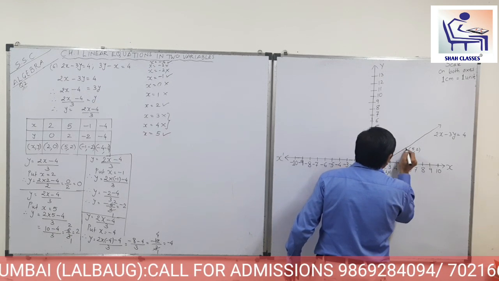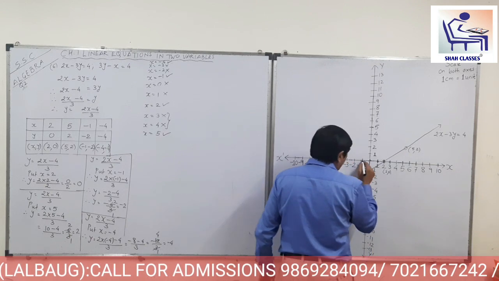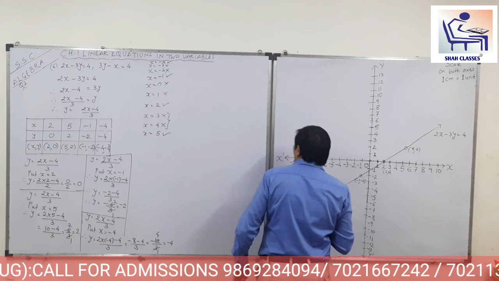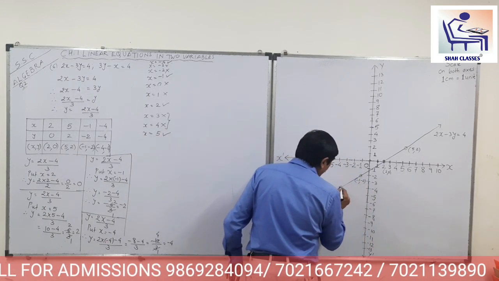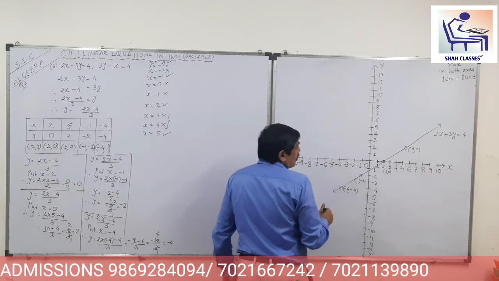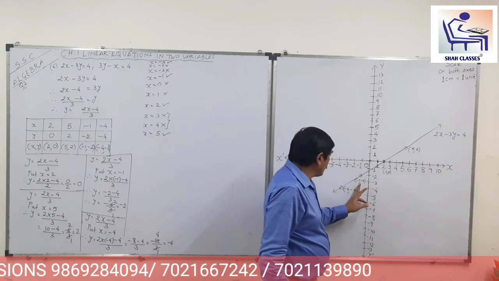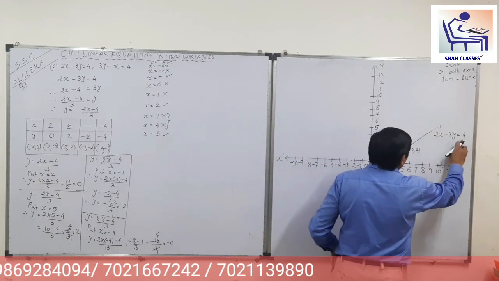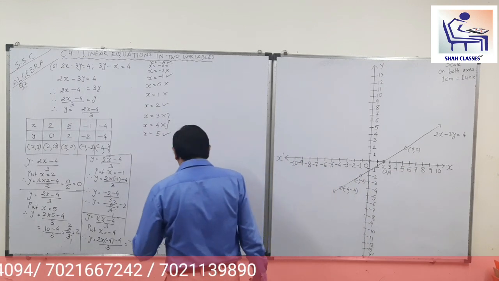Your third point is minus 1, minus 2. And your fourth point is minus 4, minus 4. We got all the 4 points: 5, 2, 2, 0, minus 1, minus 2, and minus 4, minus 4. When we join them, we got the line of the equation 2x minus 3y is equal to 4.